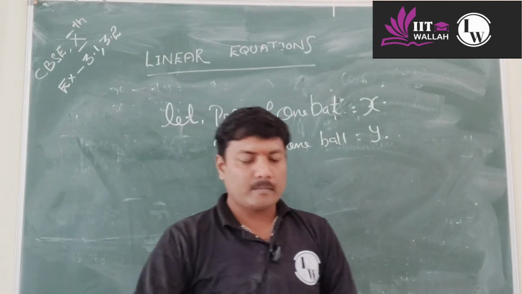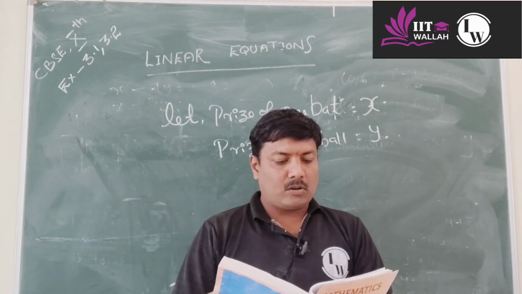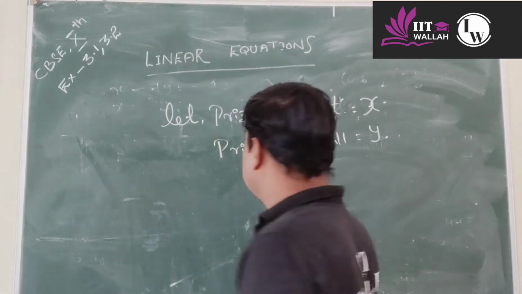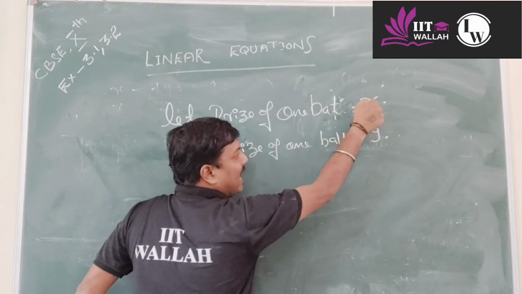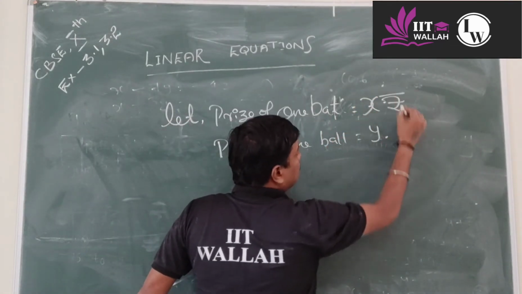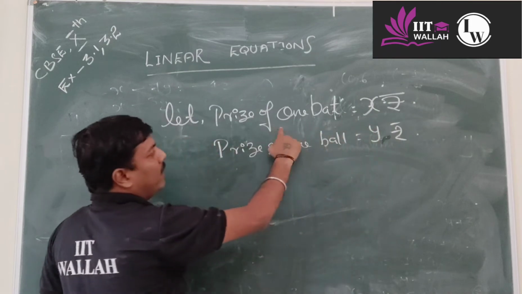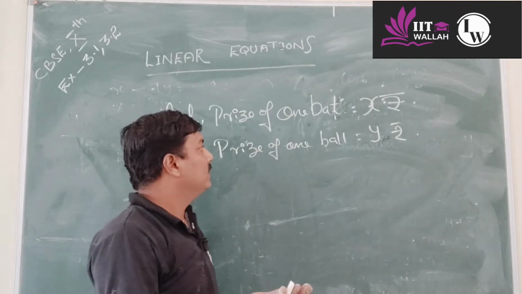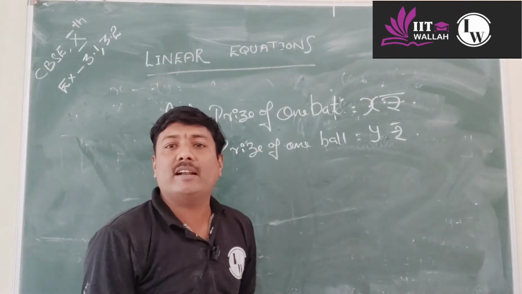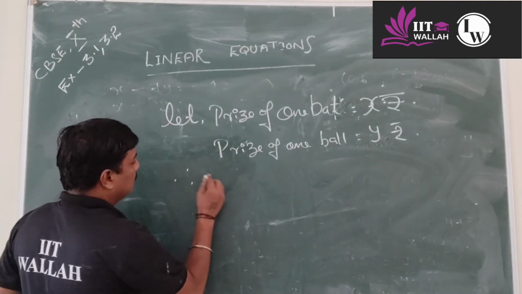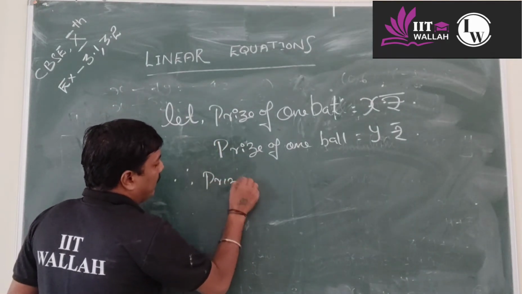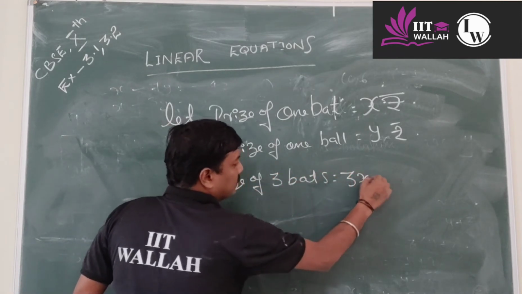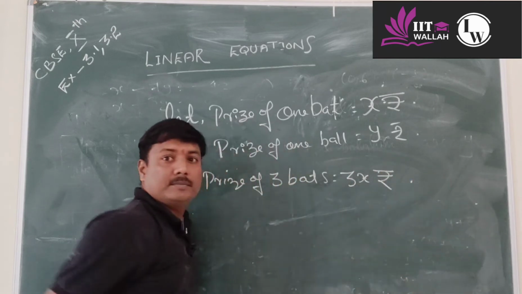Now they are saying that the coach of a cricket team buys 3 bats and 6 balls for 3,900. So one bat costs x rupees. That means 3 bats will cost 3x rupees. Therefore, price of 3 bats is equal to 3x rupees. Clear?